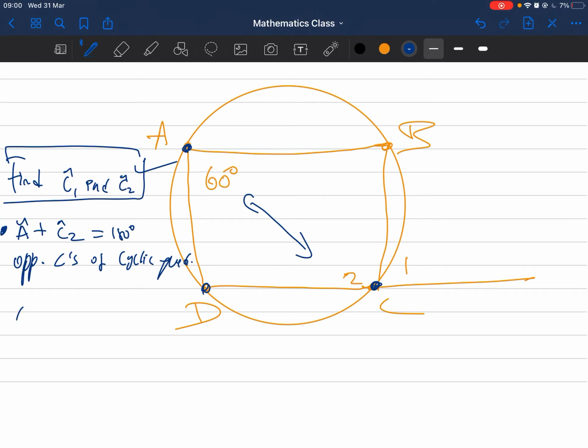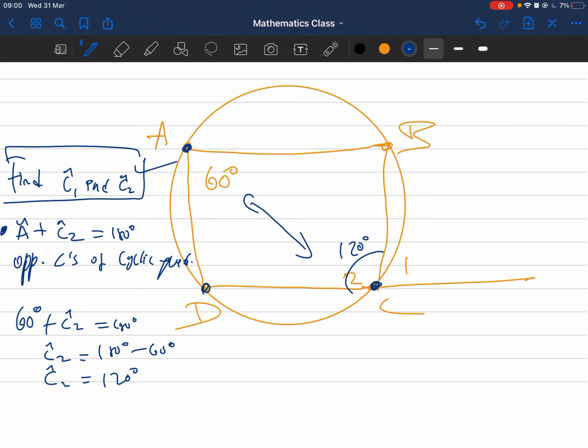From here we have A is 60 degrees plus C2 is 180 degrees. Therefore, C2 is 180 degrees, take 60 to the other side, it becomes negative 60. So angle C2 will be 180 minus 60, that is 120 degrees. So this is 120 degrees. Cool.